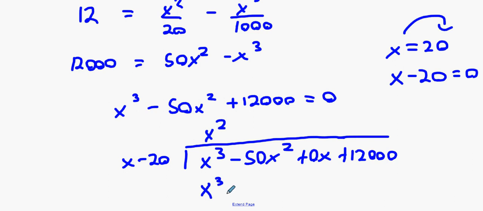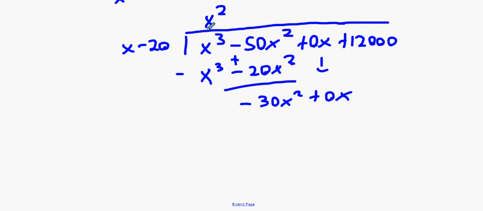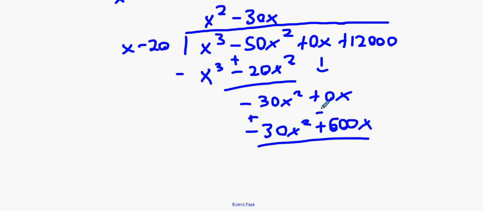Now, x cubed, minus 20x squared. That's it, really, isn't it? Then press plus, turn minus and a plus. Zero x. Now what do we get here then? Minus 30... plus 600... minus 600x plus 12,000.